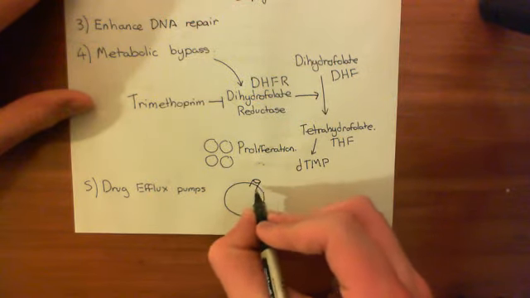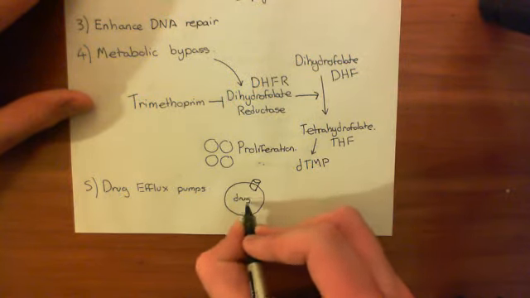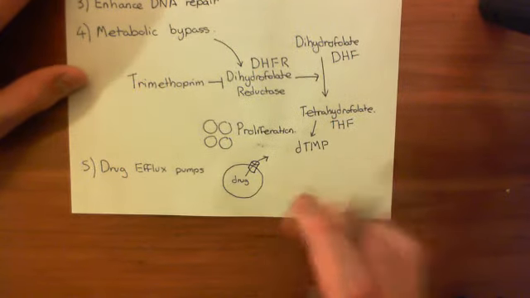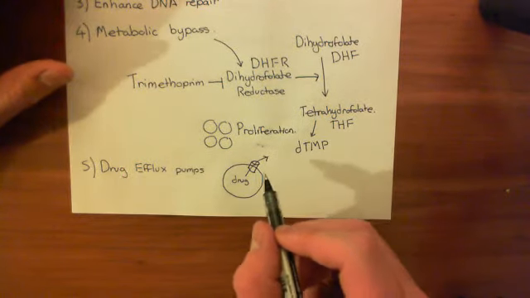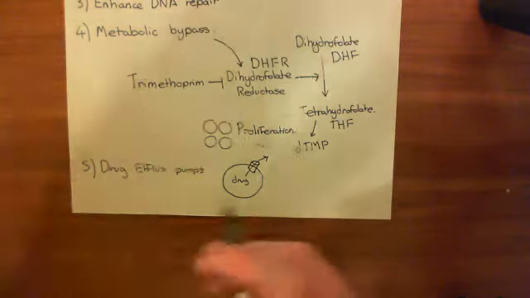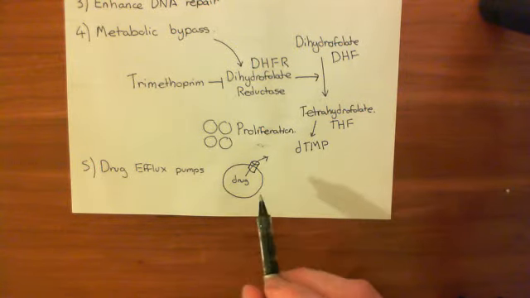So let's say this is a pump here, which is going to take the drug from the cytoplasm and chuck it back out of the cell. So you can start getting the expression of these drug efflux pumps, i.e. when you put the bacteria in this medium containing the drug, what they will start doing is making these drug efflux pumps, putting them into their cell membranes, and the drug efflux pumps will be extruding the drug actively from the cytoplasm.